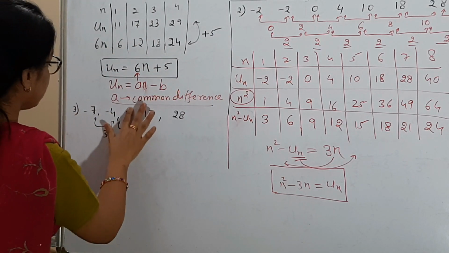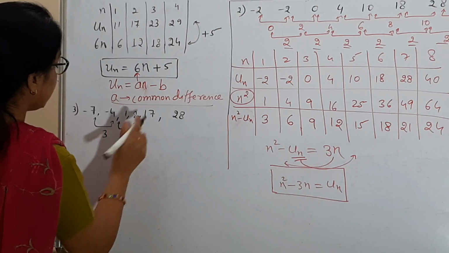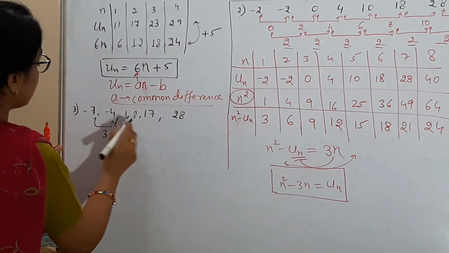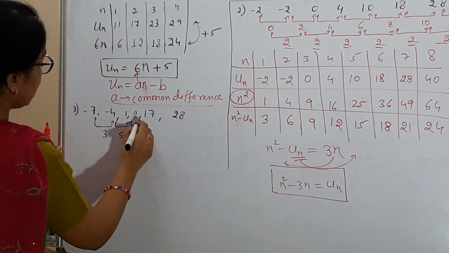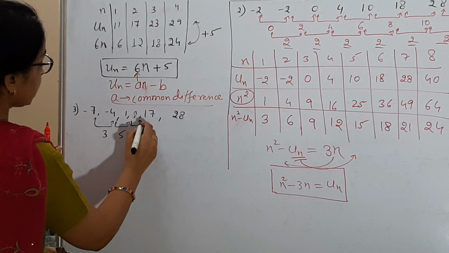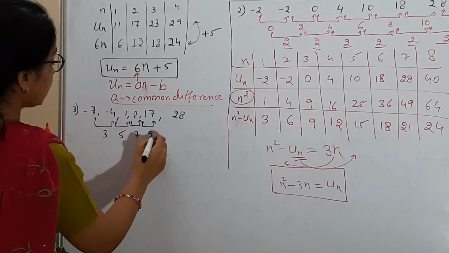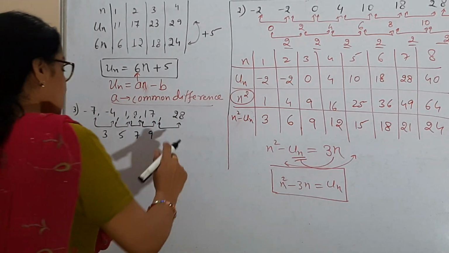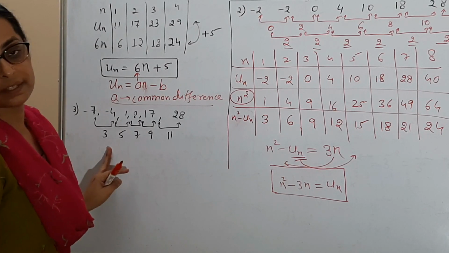That's why I thought some mistake is there. So 1 minus -4 is 5, then 8 minus 1 is 7, then 17 minus 8 is 9, and then 28 minus 17 is 11. So this is my first difference and it is not the same.